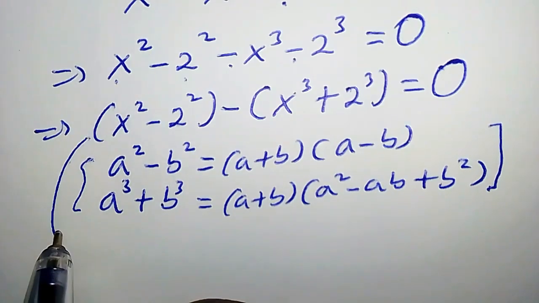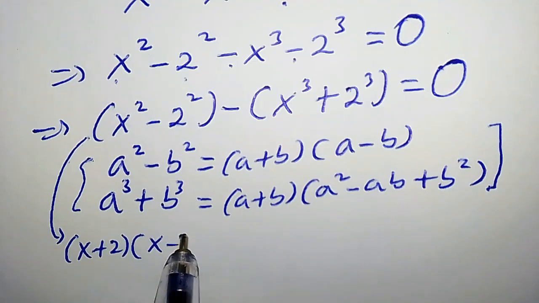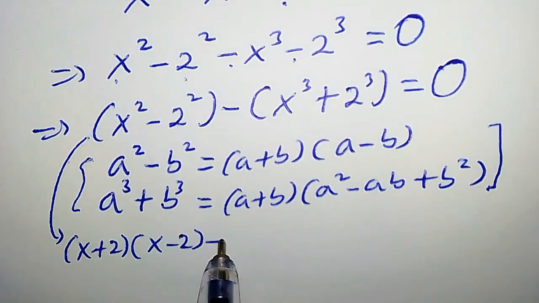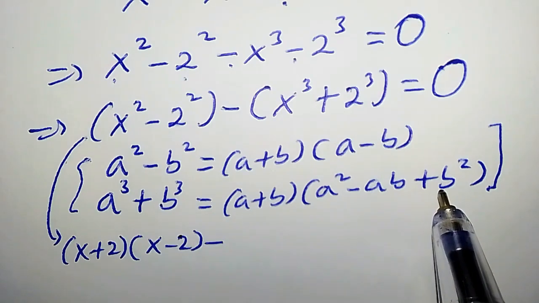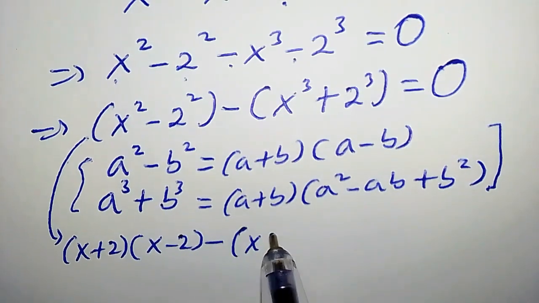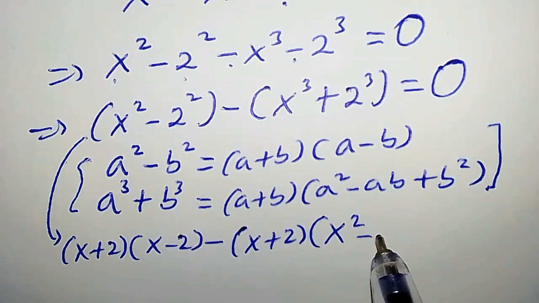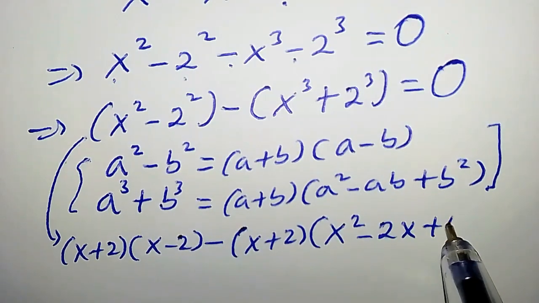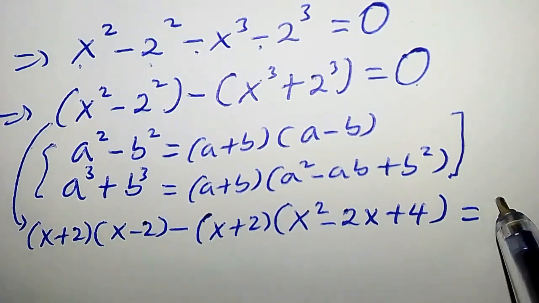Now, suppose I apply this first property here. That means I have x plus 2 times x minus 2, minus, and I can also apply the second property here. Doing that, I have x plus 2 times x squared minus 2x plus 4 equal to 0.